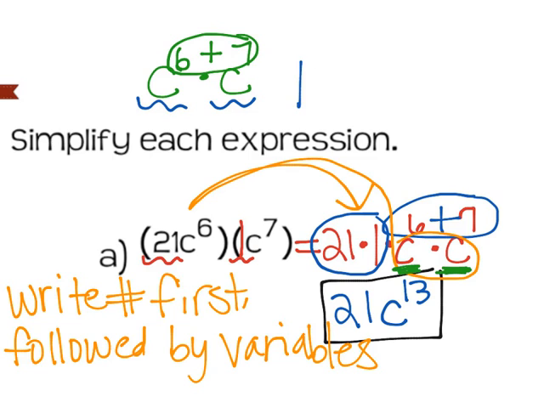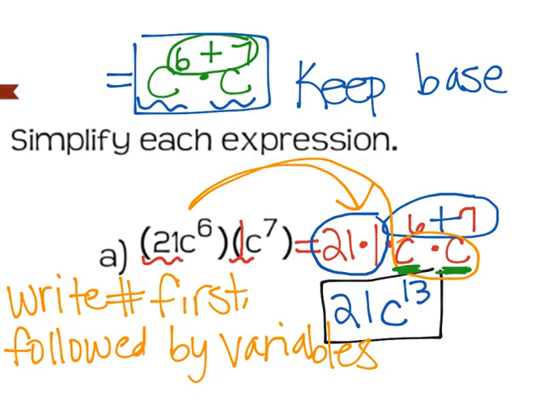But we actually keep the base. So for this portion of the problem, we would keep the base, which is c, and add the exponents. 6 plus 7 is 13.